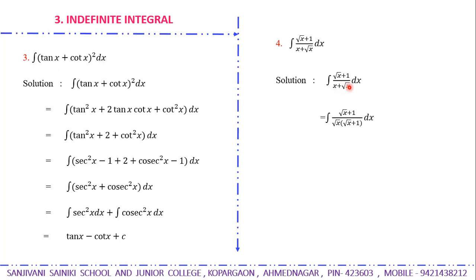Then we will take root x common. So what we get is root x plus 1 upon root x into root x plus 1. So this factor will cancel and you will get 1 upon root x. But root x means x raised to 1 by 2. It will go to the numerator and you will get x raised to minus 1 upon 2. So taking the integral, you will get 2 root x plus c.